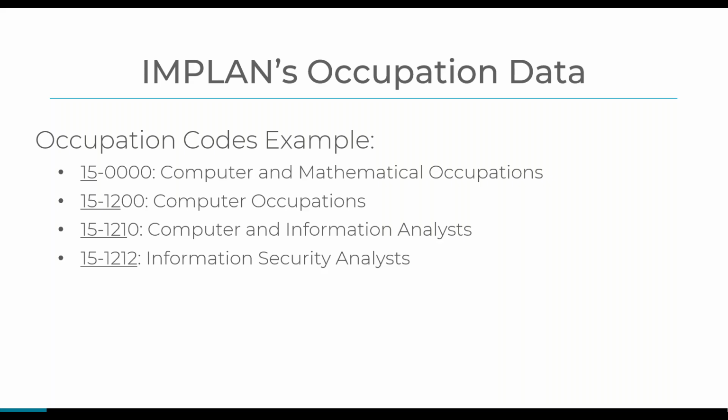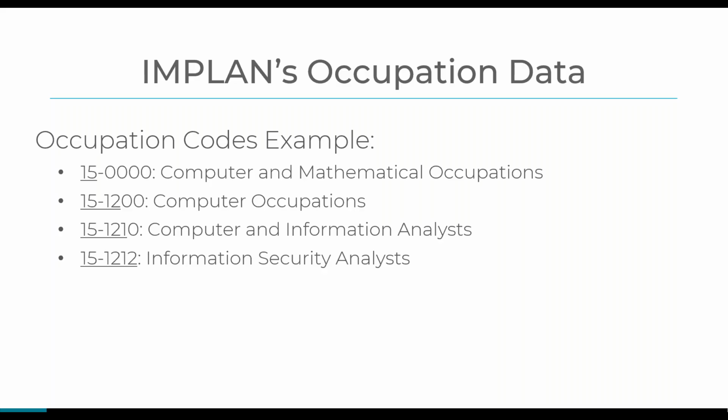So you'll notice in that minor code for 151200 that the occupation description is a little bit more specific and now only includes computer occupations. You've removed that mathematical occupations portion of the description of the major code that minor code rolls up into.